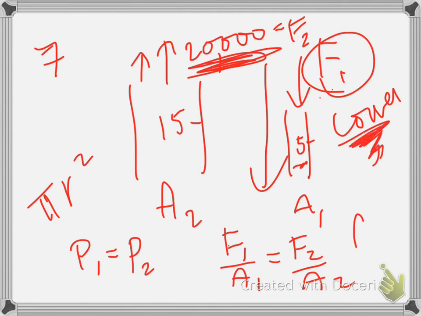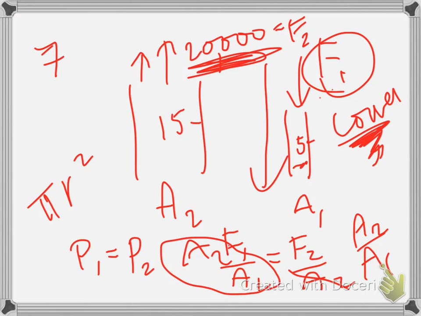Basically the A2 to A1 ratio tells you the force multiplication. But that force multiplication is the inverse of the distance multiplication. So D2 over D1 is the exact opposite of that, because you don't get something for nothing and energy is conserved. Next question is number 8.